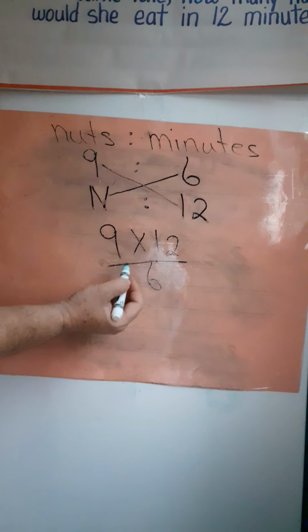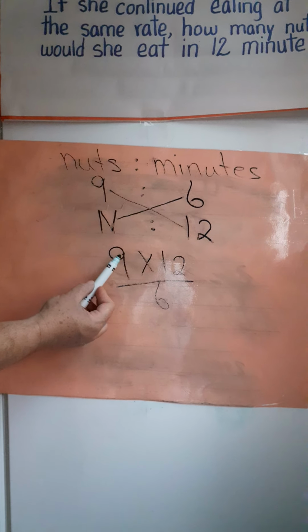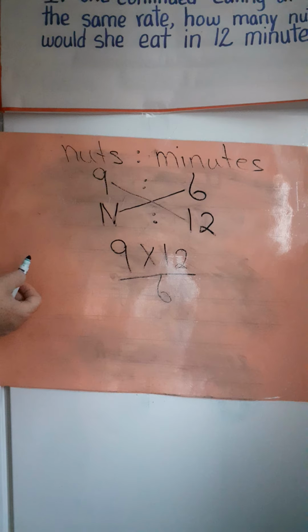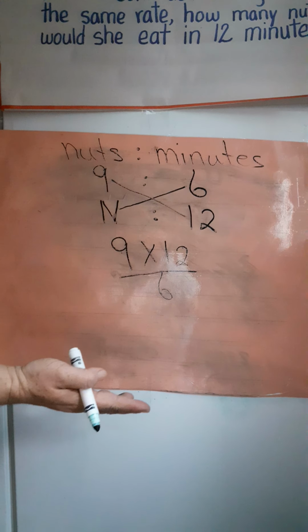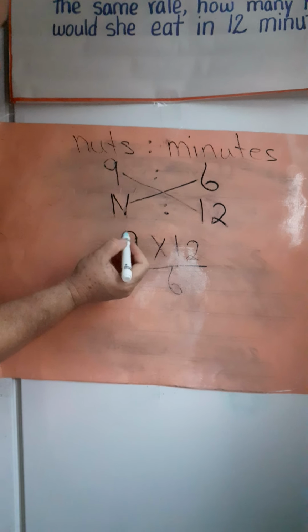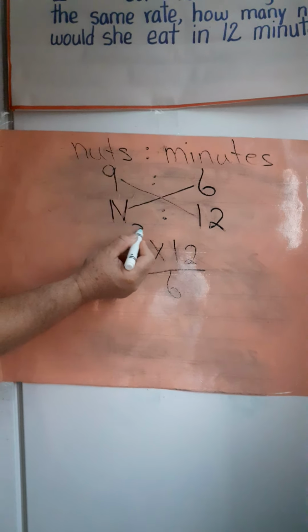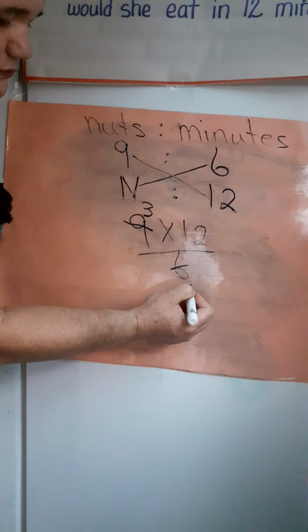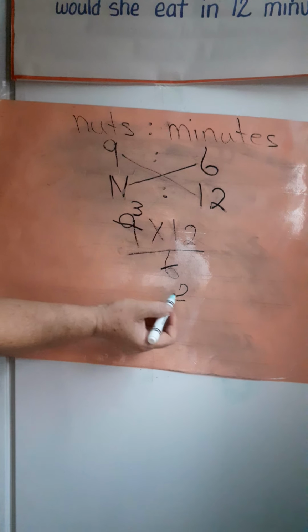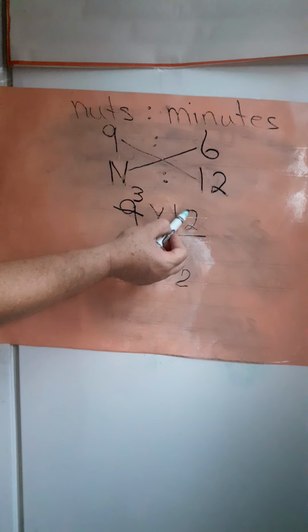Now, we are going to cancel. Can 9 and 6 simplify? Yes. By what number? We have by 3. So we say 3 divided into 9 is 3. We write the 3 on top of the 9. And 6 divided by 3 is 2. Now 3 and 2 cannot simplify, so now we simplify the 2 and the 12.